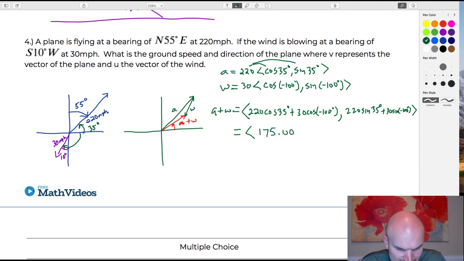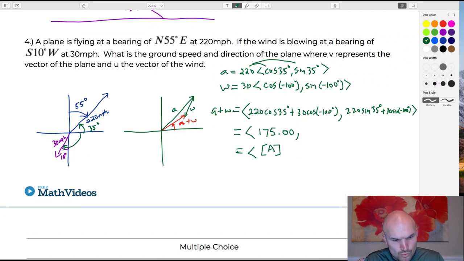Now I'm just going to store this as A, because there were some decimals there, and it could make an impact on further calculations. You never want to use rounded answers in further calculations. So let's do the other side, which is 220 times the sine of 35, close the parenthesis, plus 30 times the sine of negative 100.